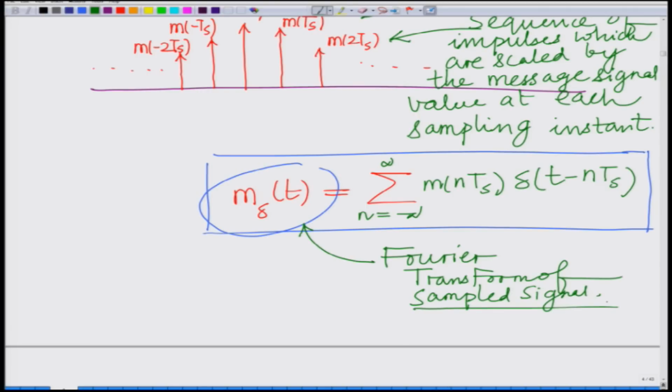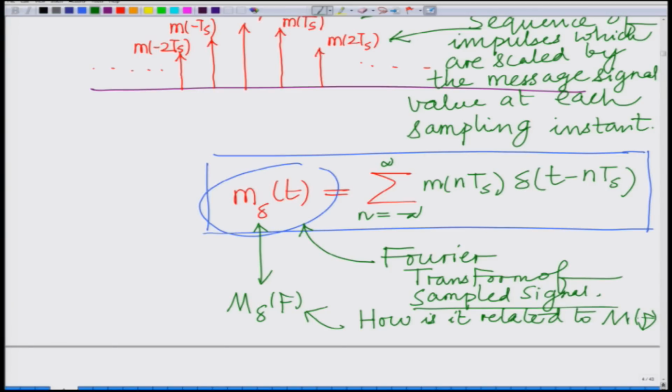We want to look at the Fourier transform of the sampled signal, that is, what is the Fourier transform m delta f of the sampled signal and how is it related to m of f, where m of f is the spectrum of the original signal, alright.